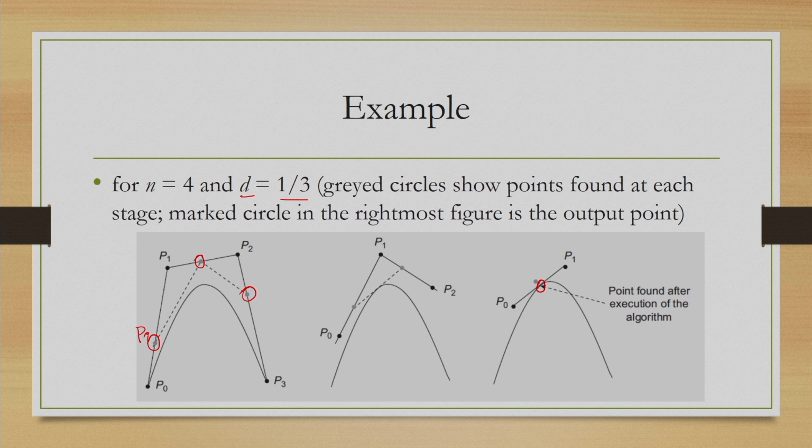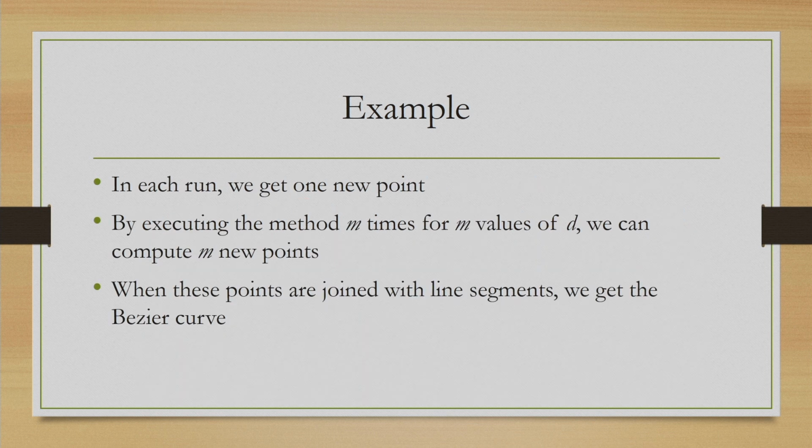This is in short how we can use a simpler iterative procedure to get points on the curve using the algorithm. In each run we are getting a new point, and we can execute it any number of times we want to get m new points. When these points are joined with line segments, we get the Bezier curve.